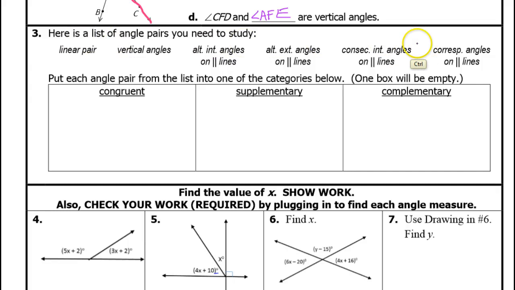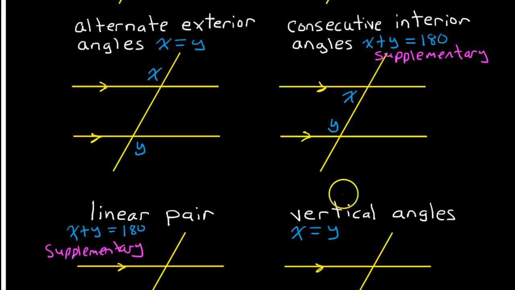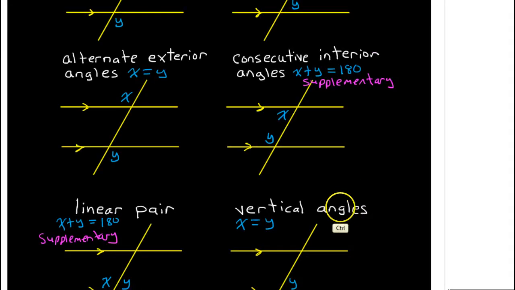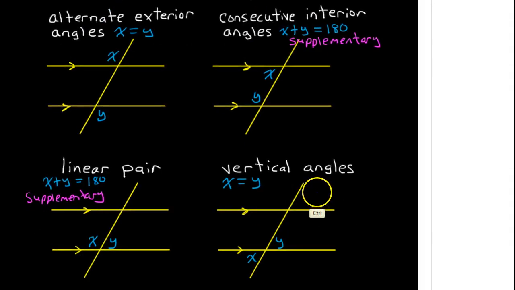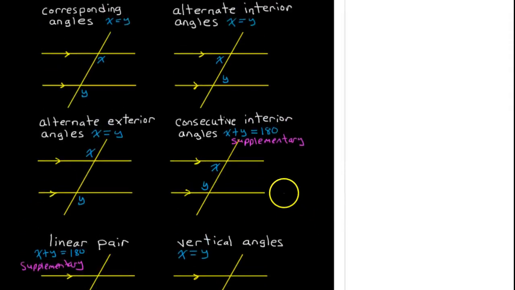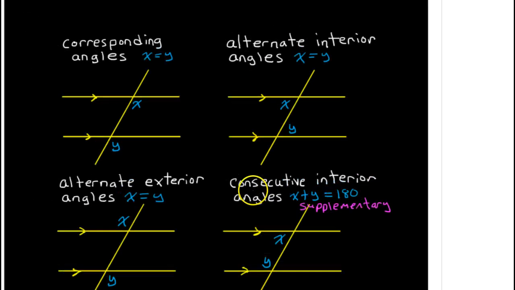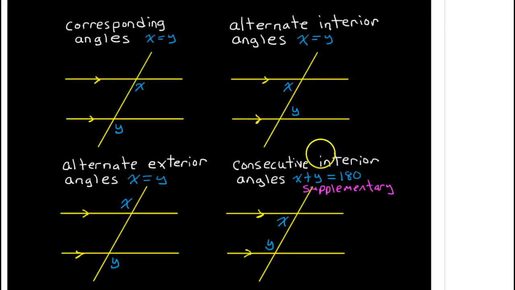Okay, so here's kind of a word bank of angle pairs. Now let me switch over to some notes here that you really want to commit to memory. Let me zoom out a little bit so I can fit a little bit more onto the page. All right, so here are the four most important ones because they control whether or not lines are parallel.